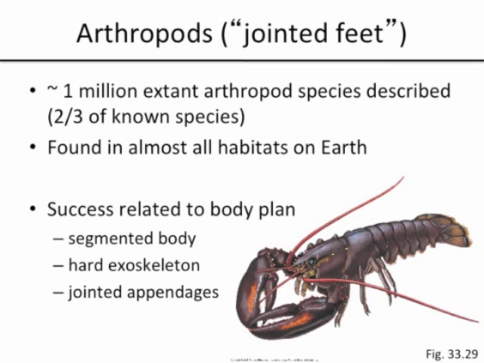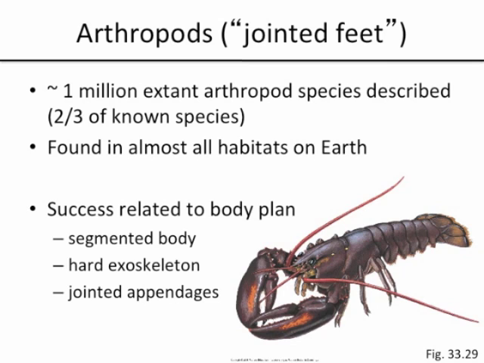All right. The next group that we're going to look at are the arthropods. And arthropods are a pretty important, pretty diverse group. There are about 1 million known, described living arthropod species.